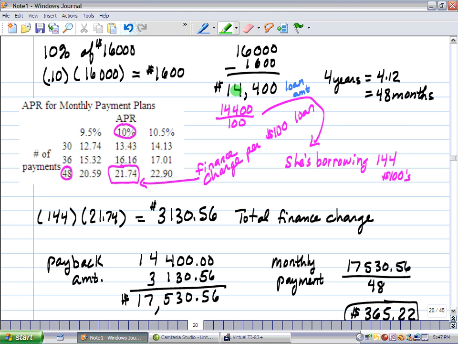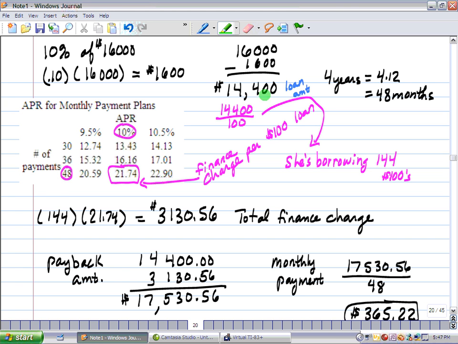Okay, so after we know the loan amount, this would be the time to shop for your financing. She finds 10% in 48 months, and that turns out to be 21.74. We get this from the table. There's also a formula that can be used to get that, but we're going to be using the tables. So she's going to pay that for every 100 that she's borrowing. So how many hundreds is she borrowing?